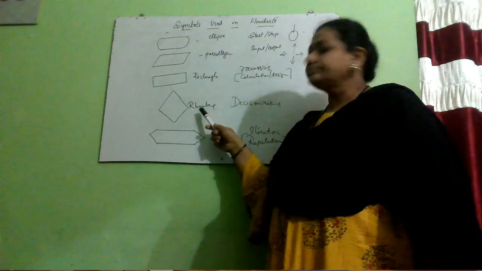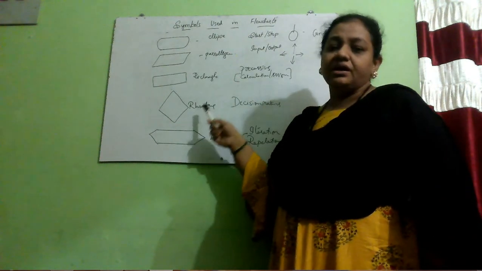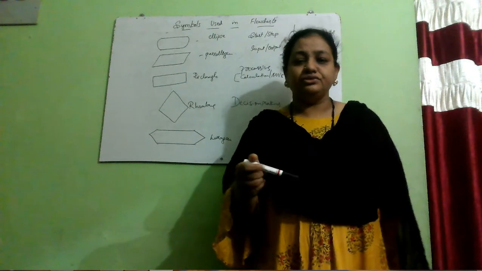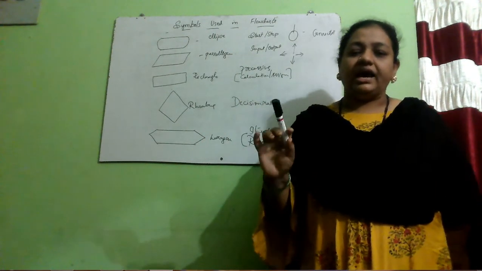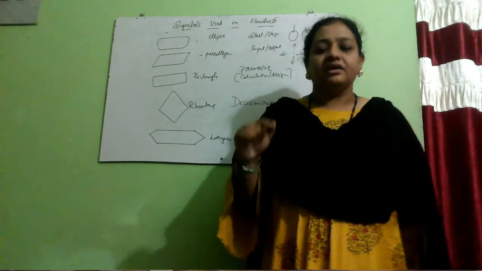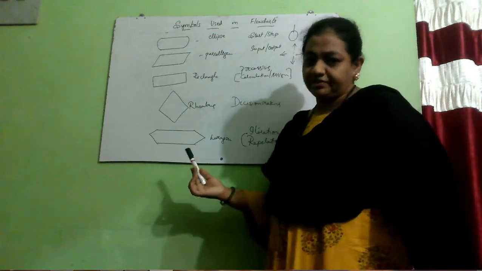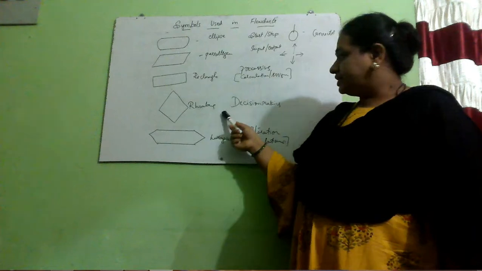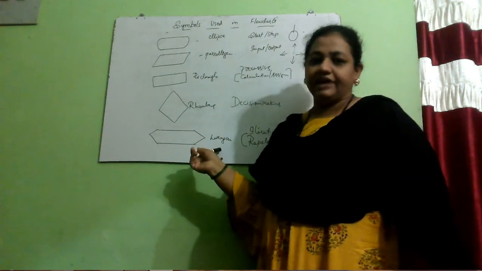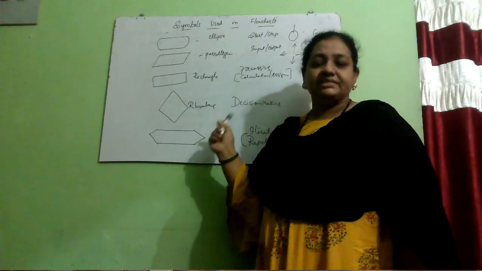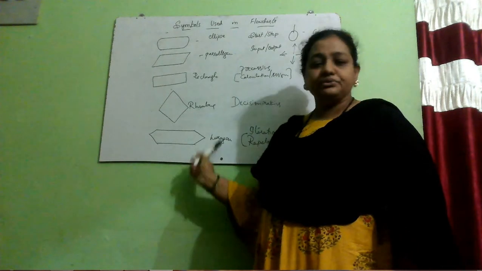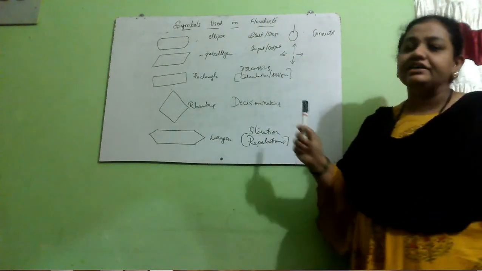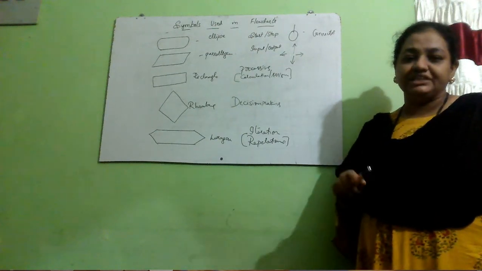A rectangle represents the processing part of the algorithm or a program. What do we mean by processing? Processing generally means any calculations, any assignments, and that will be under the processing part, and that is represented using a rectangle. Then we have a rhombus.